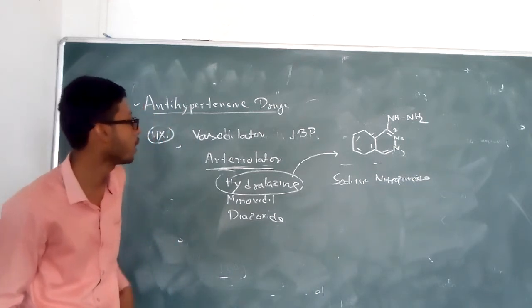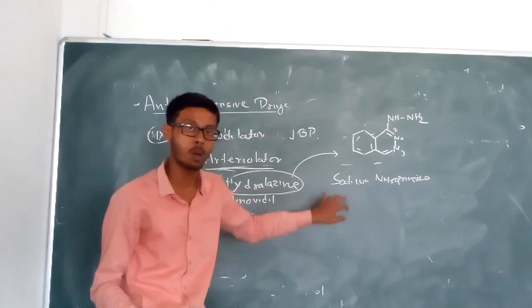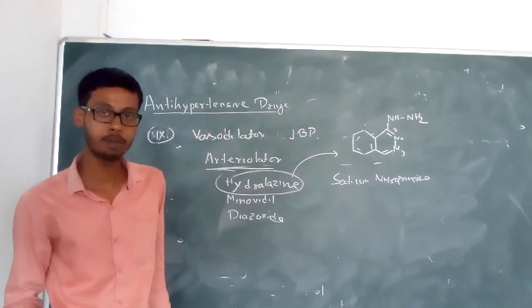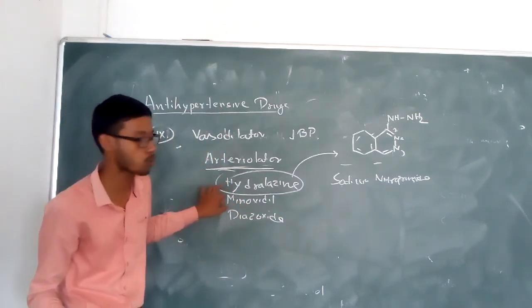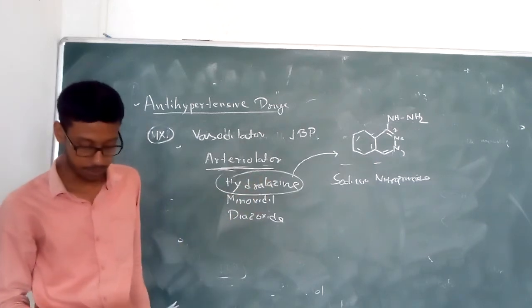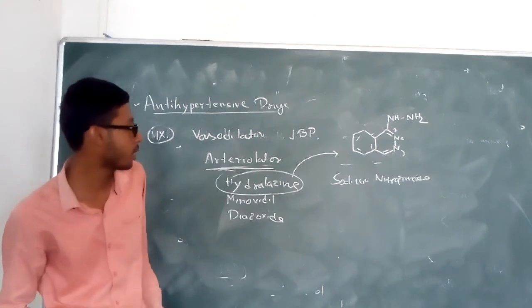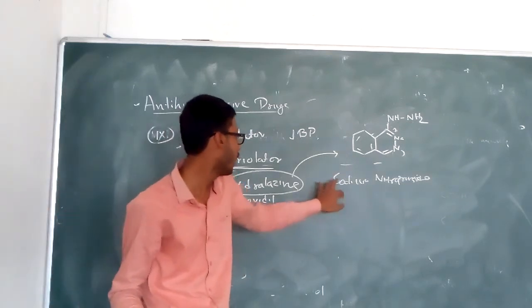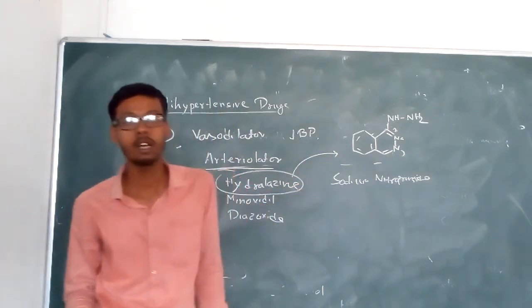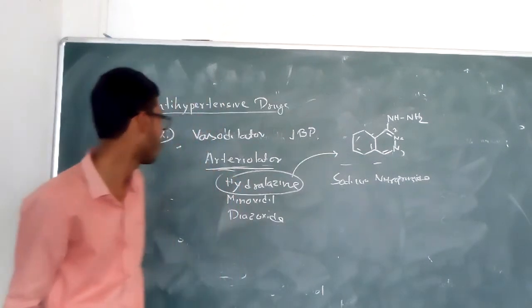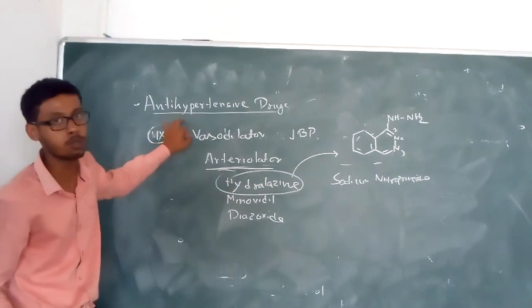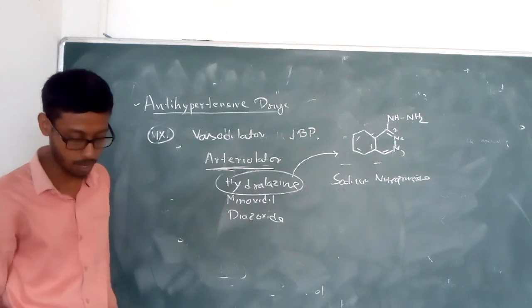Another vasodilator, sodium nitroprusside, acts on both artery and venous vessels, whereas hydralazine acts only on the artery. Sodium nitroprusside is used for rapid action, and hydralazine is used as a vasodilator in mild to severe hypertension.